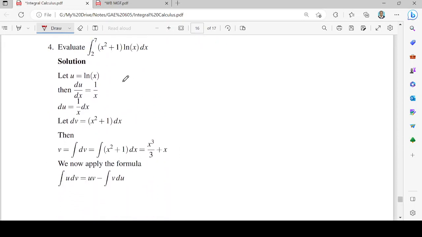We can apply the method for a definite integral the same way, only that now we will have the limits of integration.